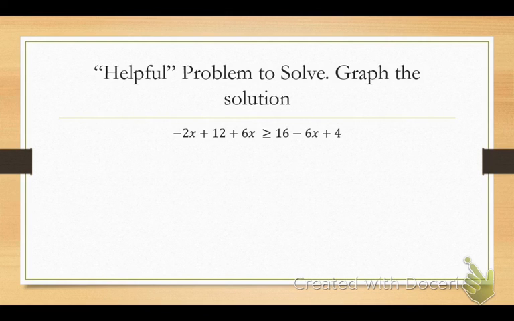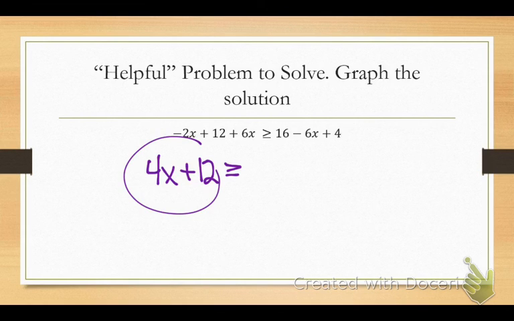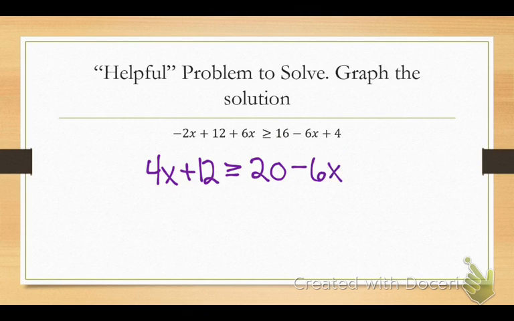What is negative 2x plus 6x? 4x plus 12 is greater than or equal to. So now I simplified this as much as I could. Now, what is 16 plus 4? 20 minus 6x. So here's what you need to decide. You need to get the x on one side of the inequality.